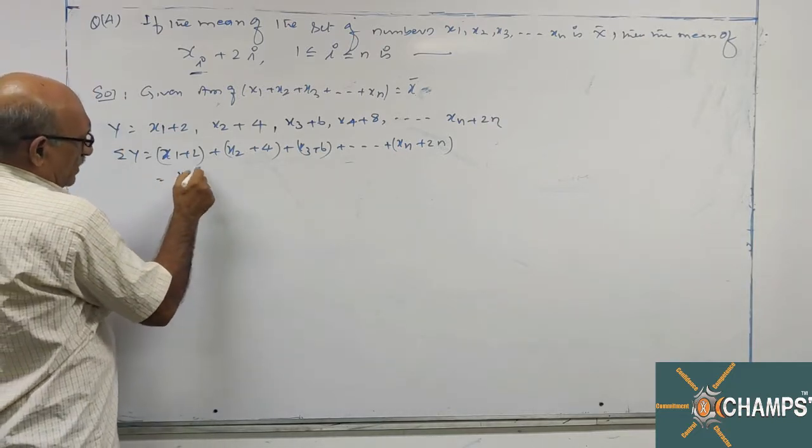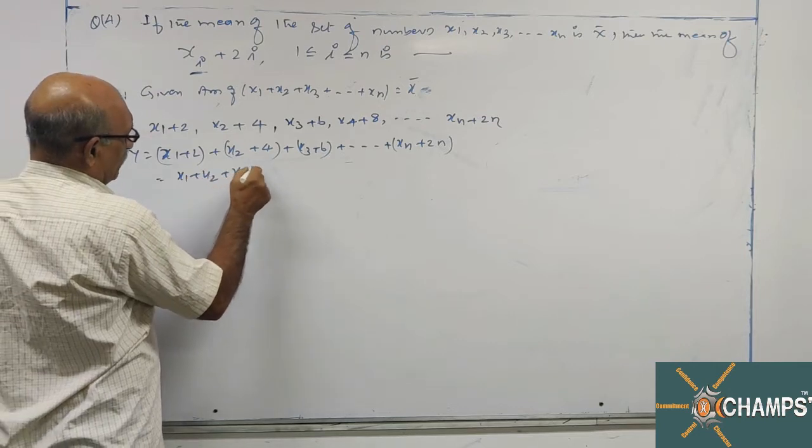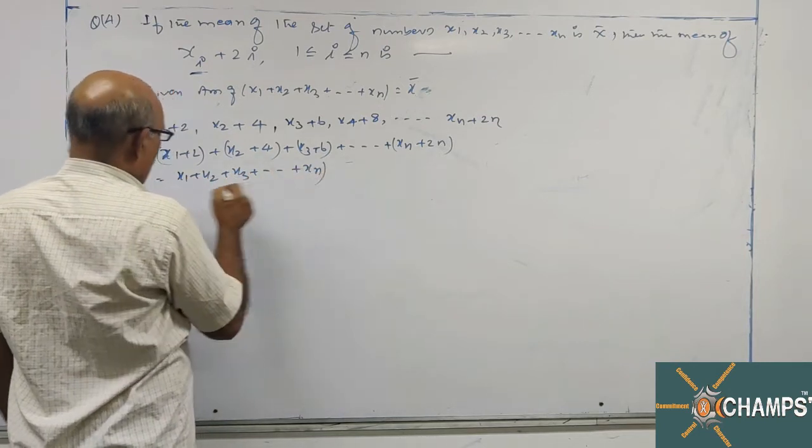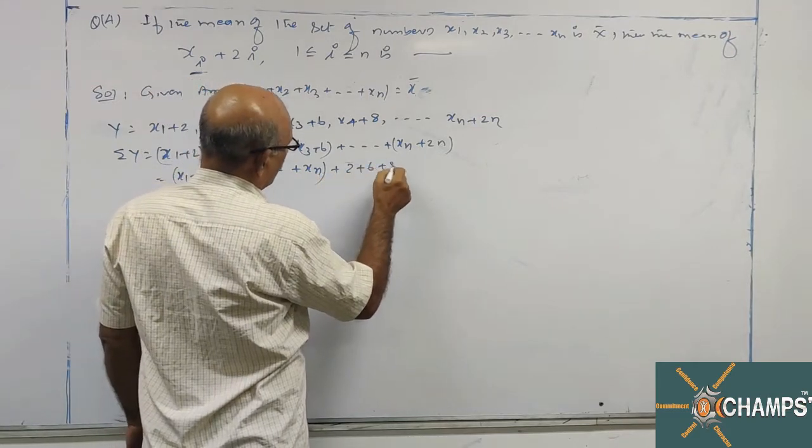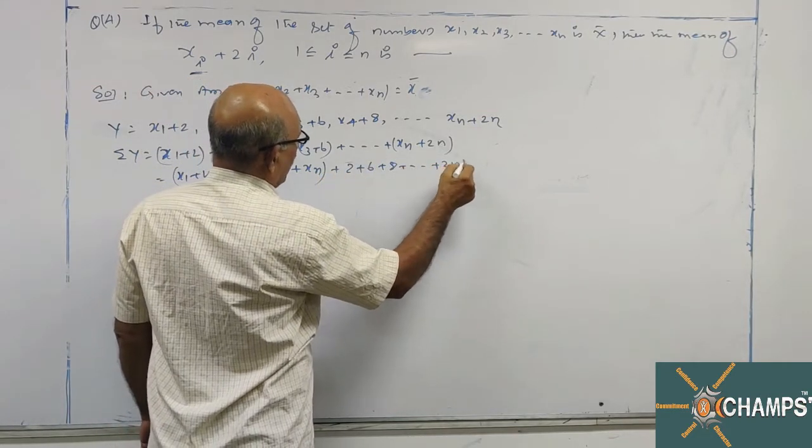So this is x1 plus x2 plus x3 plus etc plus xn, all the first terms in one bracket, plus 2n.